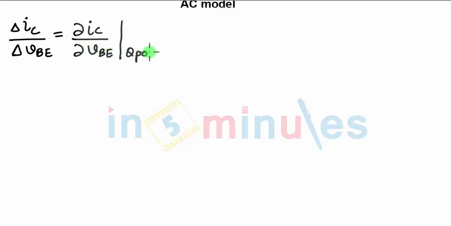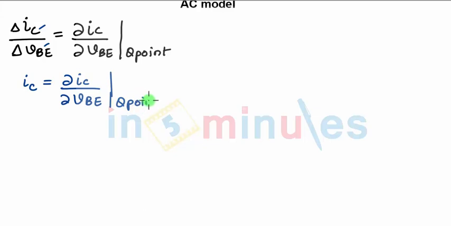We need to find this at the Q point because we are applying the signal at the Q point. So the entire analysis we are doing at the Q point, or the above equation can again be written as small ic, where these are all capital values, equals the change in IC with respect to the change in VBE at the Q point, multiplied by the AC voltage vbe.